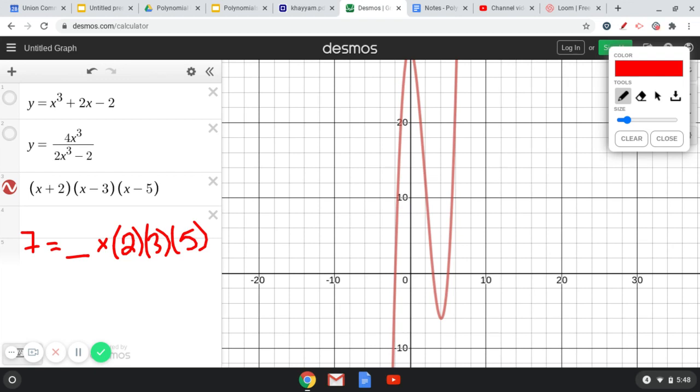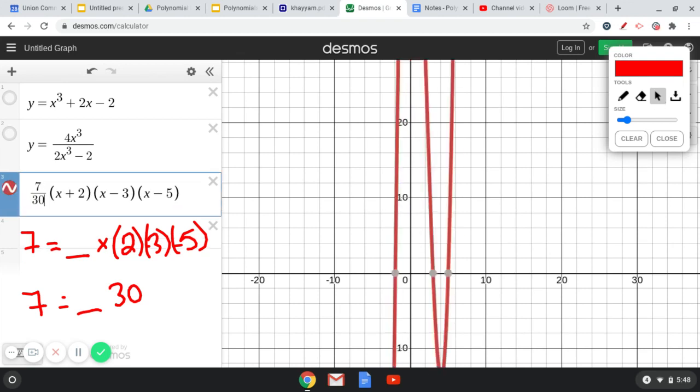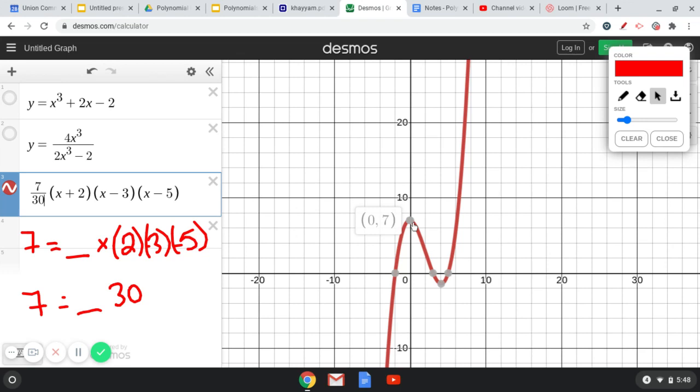But actually this will be -3 and -5, right? Which means that we want 7 to equal some number times 30. So to do that, just take 7 divided by 30, and that'll get us that number. So that number is 7 divided by 30. So we can do 7 divided by 30 right here, and then hey, that's what we needed.